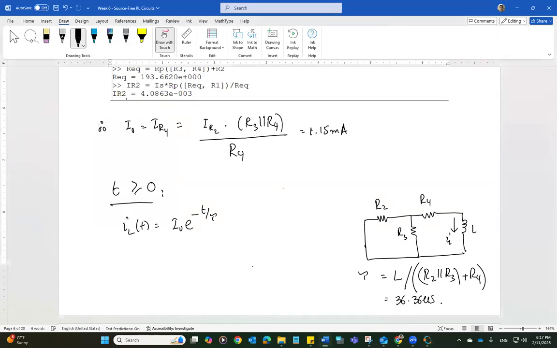So IL(t) is 1.15 e to the power negative t over tau milliampere. And of course, tau is 36.36 microseconds.